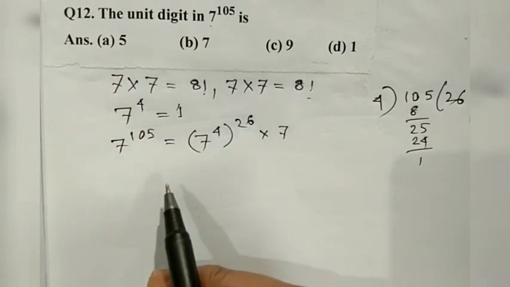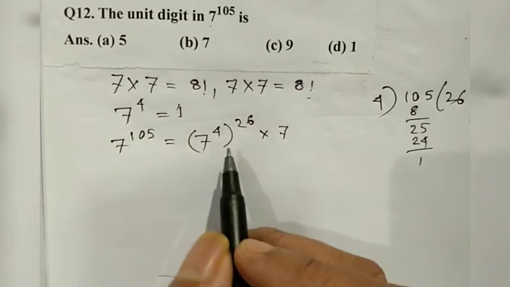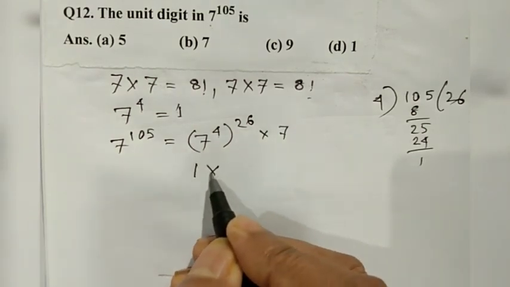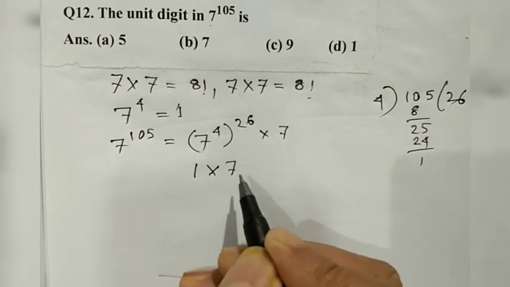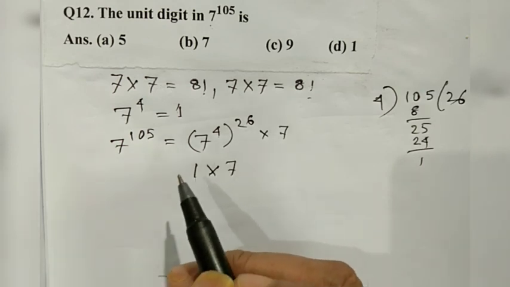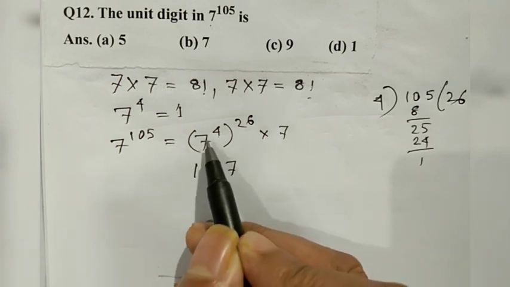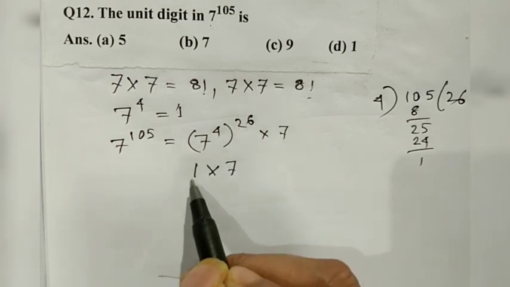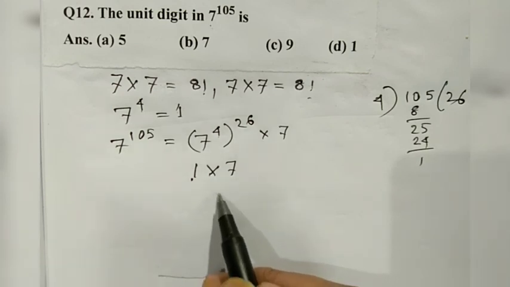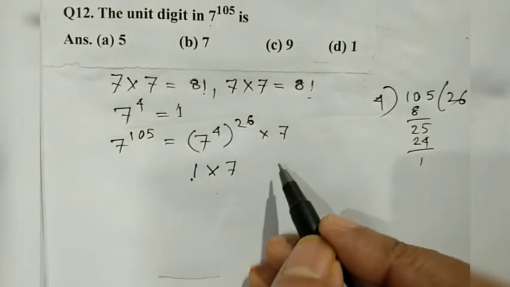So the unit digit is 1 into 7, because the unit digit in 7 to the power 4 whole 26 is 1. Then answer is 7. Answer B. Okay.